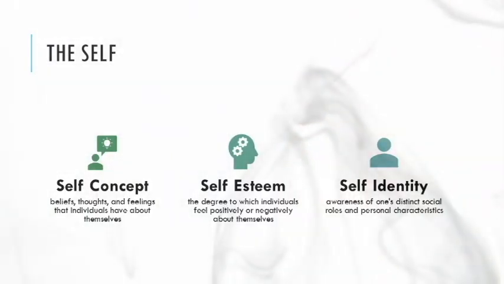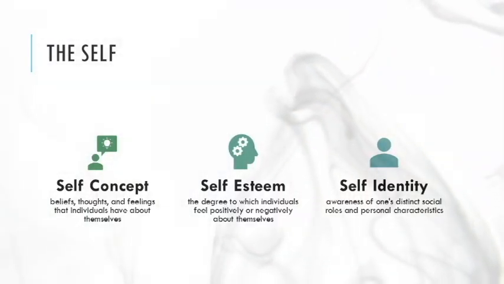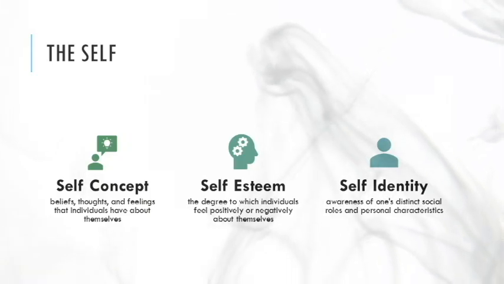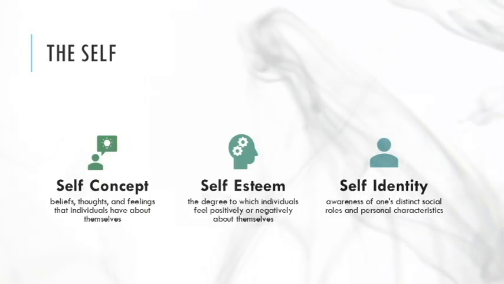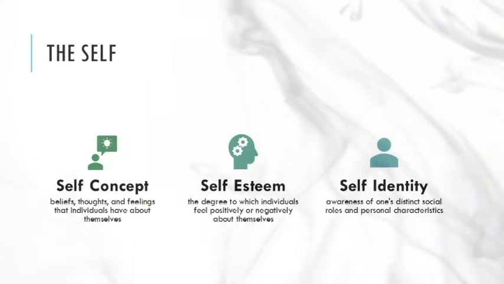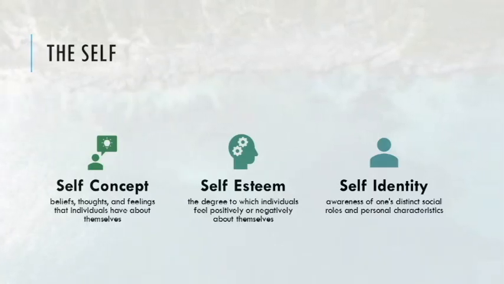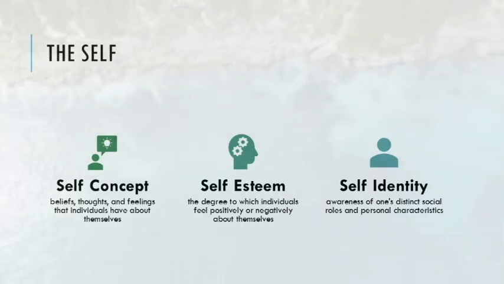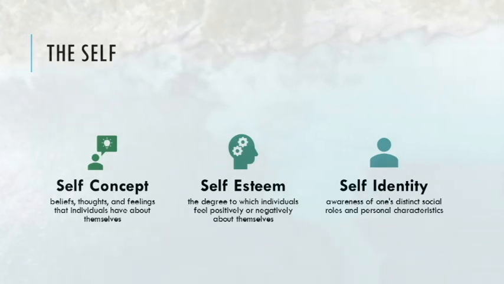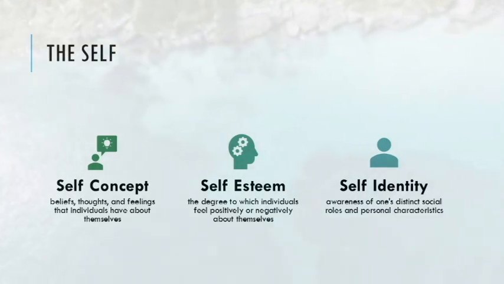And so this is going to encompass our abilities, our characteristics, our values. Self-concept is something that is built over time, and it's influenced by personal experiences and social interactions. So our self-concept is a broad strokes sense of who we are based upon social interaction.